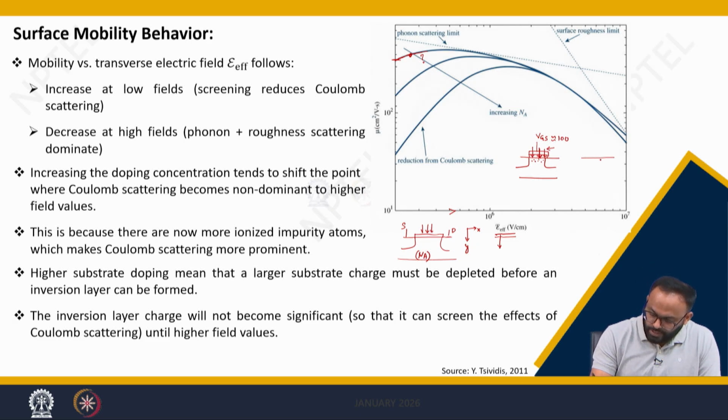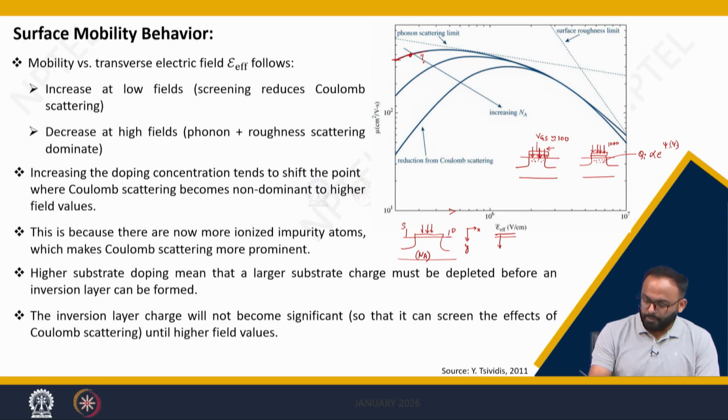However, if I increase VGS, and now you are in strong inversion, what will happen? Let us consider 1000 field lines emanating from here, but in response to these 1000 field lines you have, let's say, 10,000 electrons. Why? Because we have discussed earlier that the inversion charge is exponentially dependent on the surface potential, psi s or psi y. It means when the surface potential increases beyond 2 phi f, the inversion charge increases exponentially.